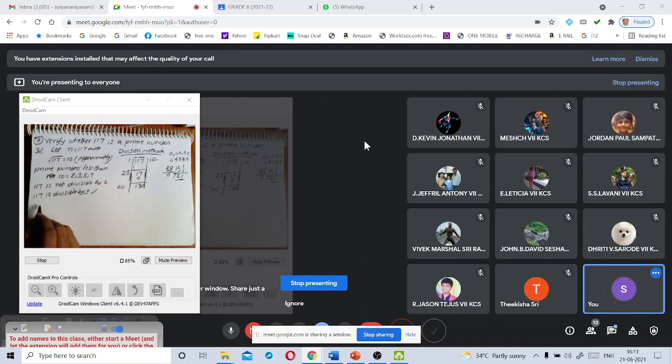Therefore, okay, my children, understood this procedure? How to verify whether the given number is a prime number or not.